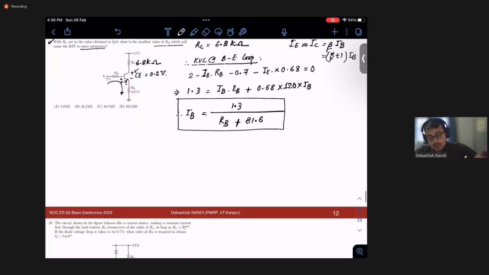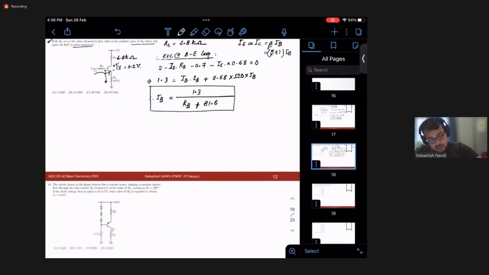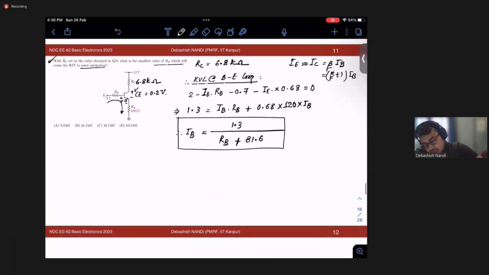Now let us go to the outer loop, KVL at the outer loop. That means this one. 12 minus IC RC.